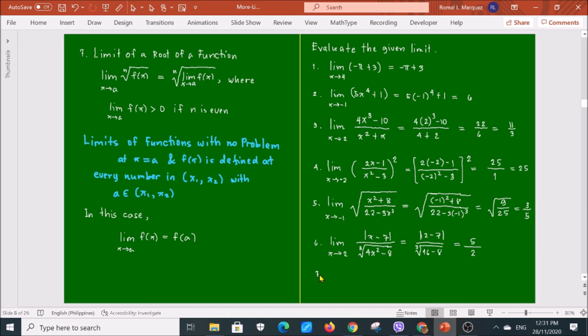Okay? 7. The limit as x approaches, let's say, pi over 4 of tangent x all over sine squared x plus 7. What about that?